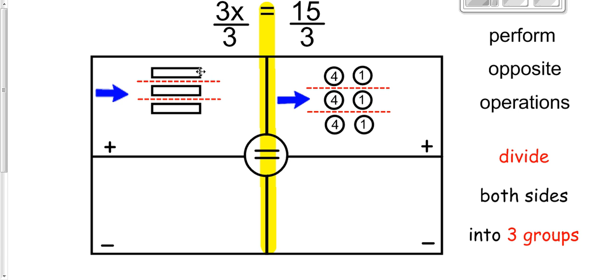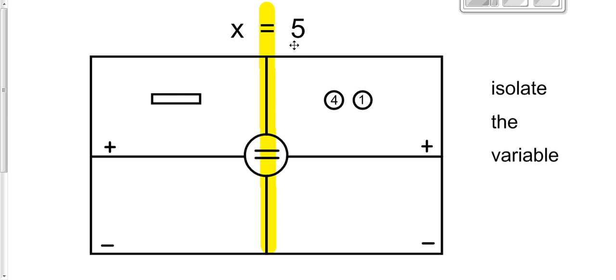So you can see by the picture that 1x is 5. 4 plus 1 for this x tile, 4 plus 1 for this x tile, and 4 plus 1 for this x tile. So I've isolated my variable and found out that x is equal to 5.